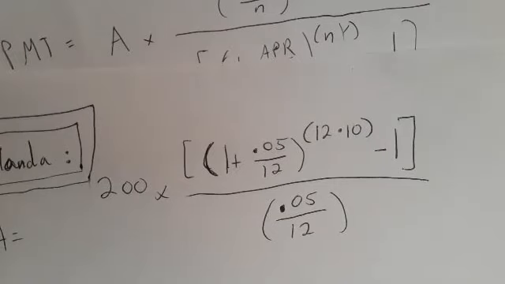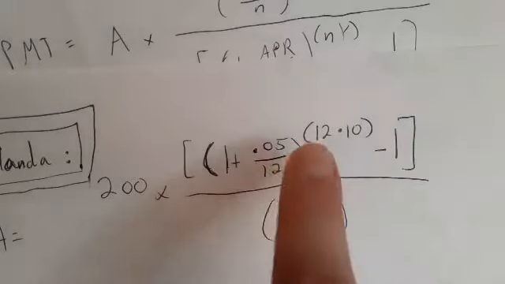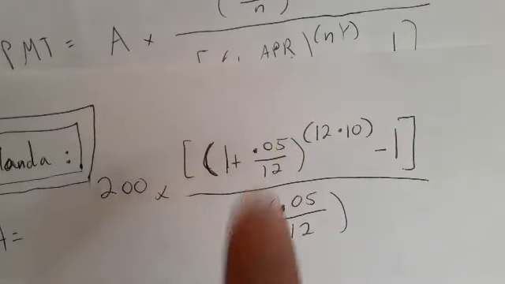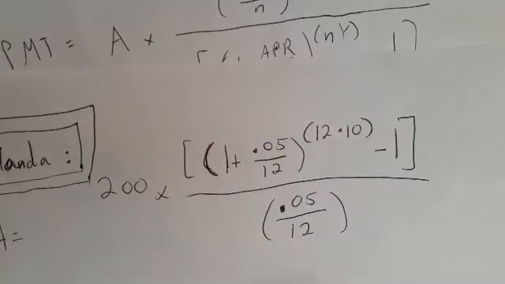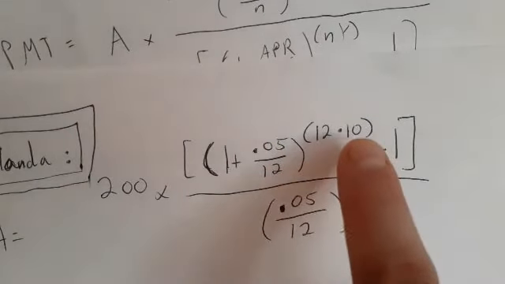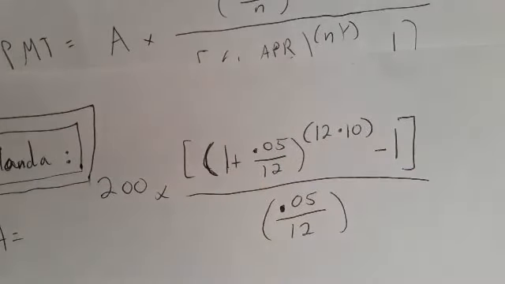So the payment is 200. The APR is 5%. The N is going to be 12 for the monthly. The Y is 10. Subtract 1.